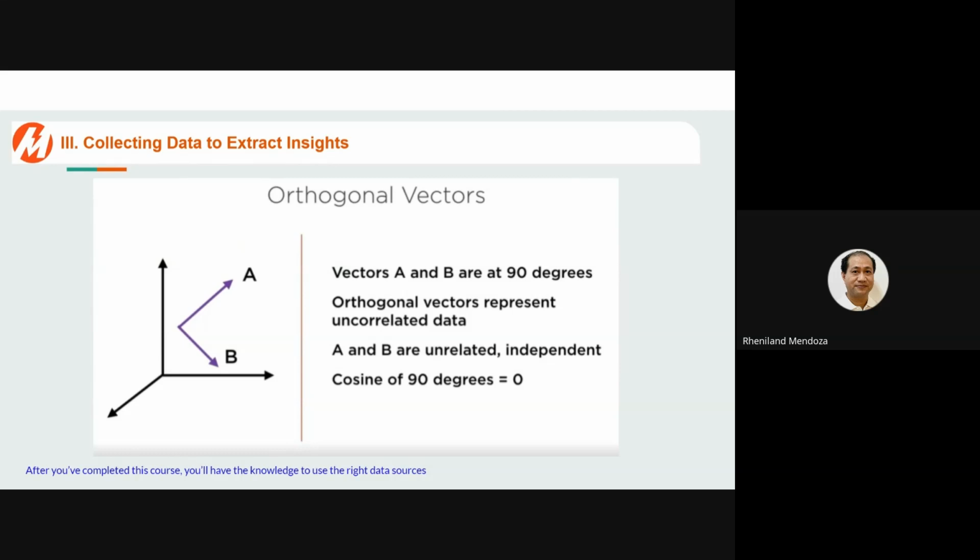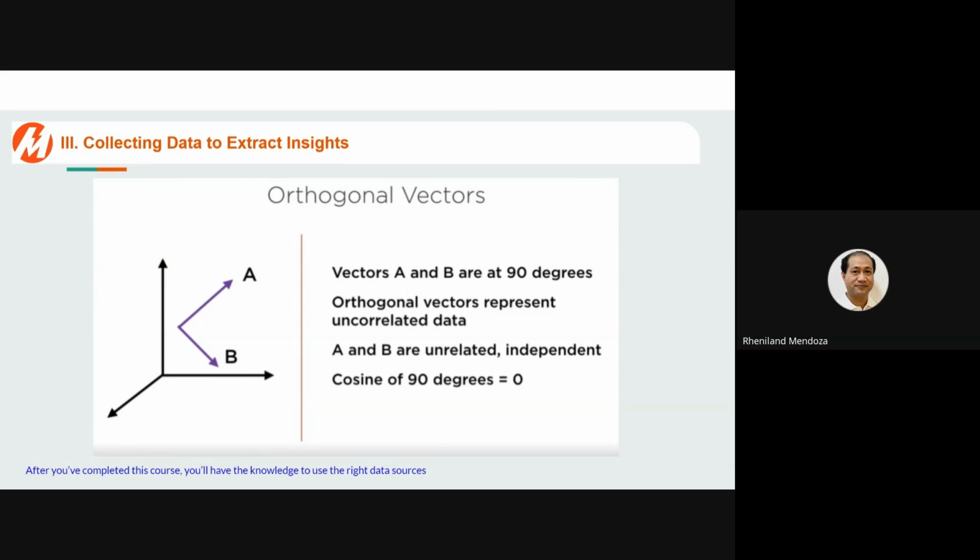So in this representation, we have vectors A and B represented, and they are 90 degrees to one another. Orthogonal vectors represent, in terms of data, uncorrelated data.